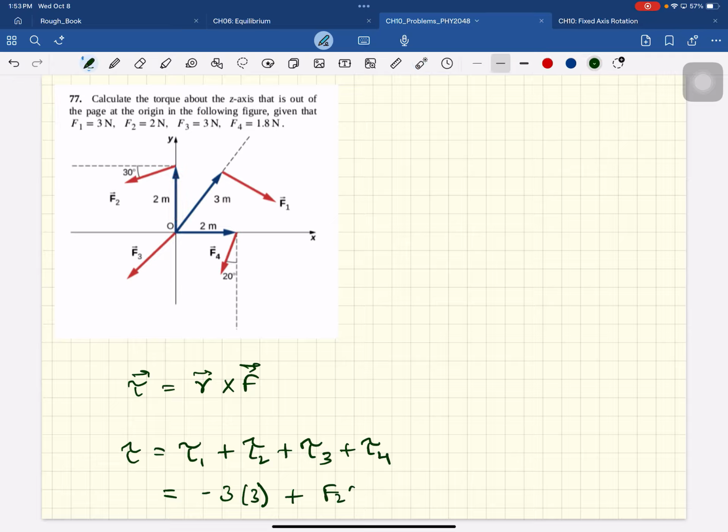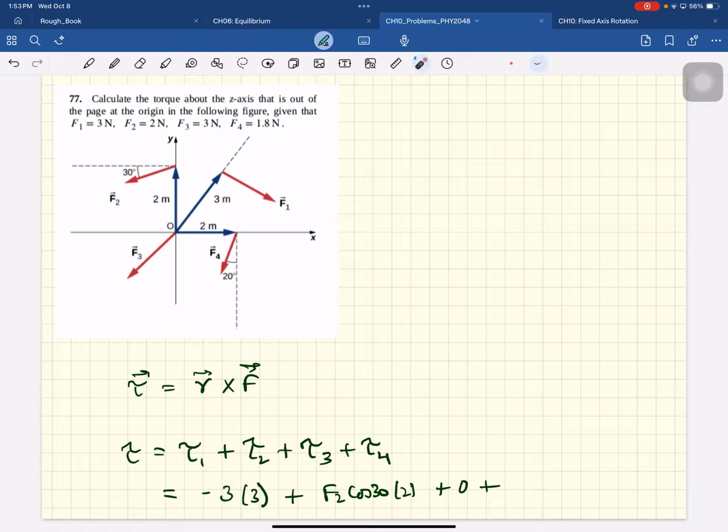So F2 cosine 30 times 2 meters times 2. What is the torque for F3? Zero. Why is it 0? The moment arm is 0. It's passing through the axis. Okay? So the torque due to F3 is 0.